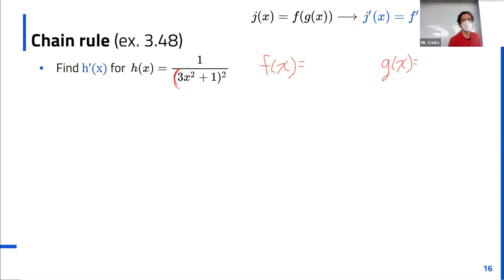So often what's easiest is to look at these brackets here. 1 over x squared. Yeah, let's use that. So 1 over x squared. We can do derivatives of this. We have our power rule. We convert it to a negative exponent. We can do derivatives of that. And then the inside part would be 3x squared plus 1.